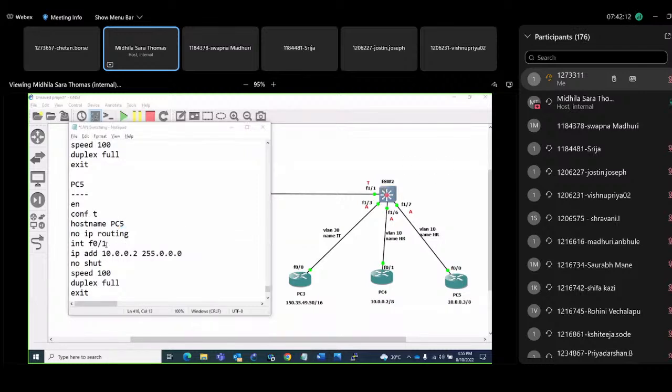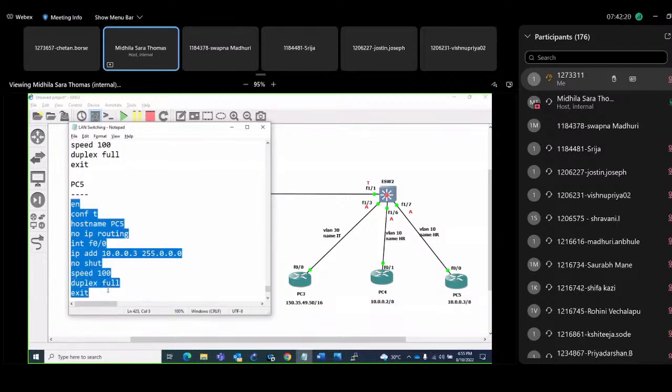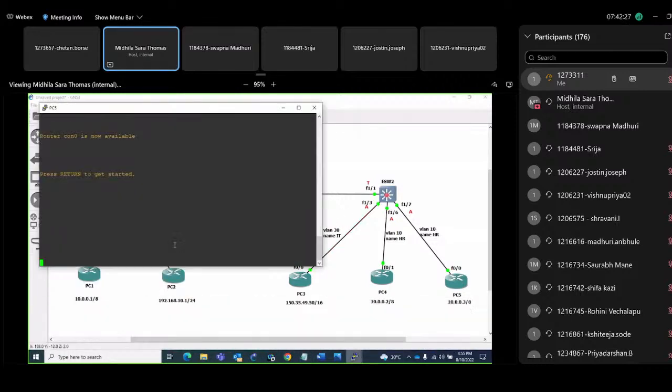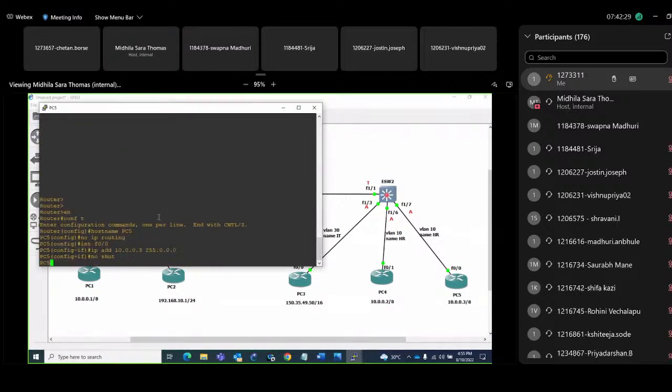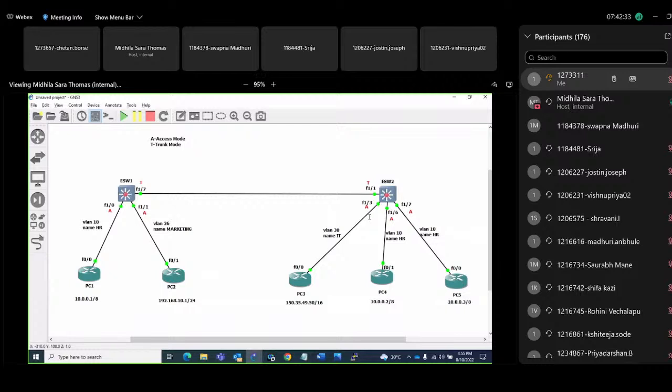Why should you write the command every time? Then 10.0.0.3. Done, right? Okay, done with the PC configuration. Isn't it easy?